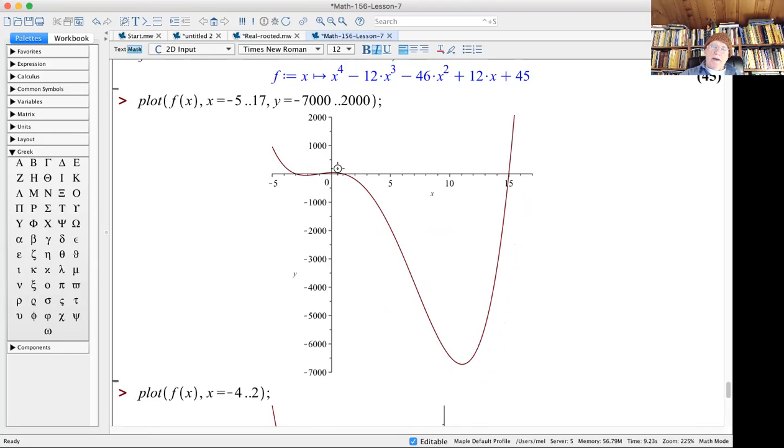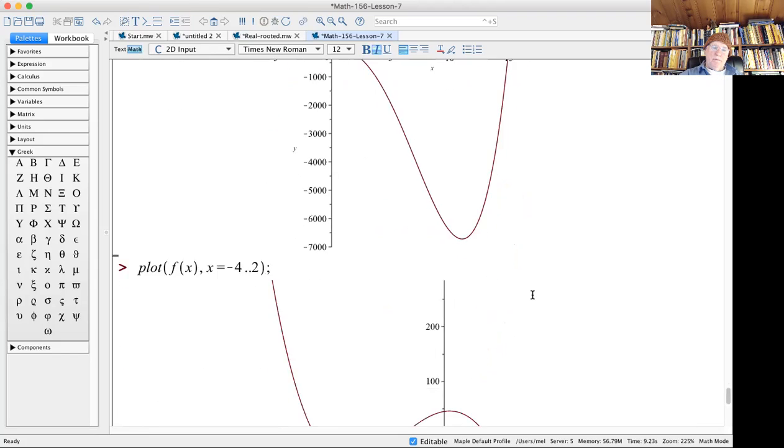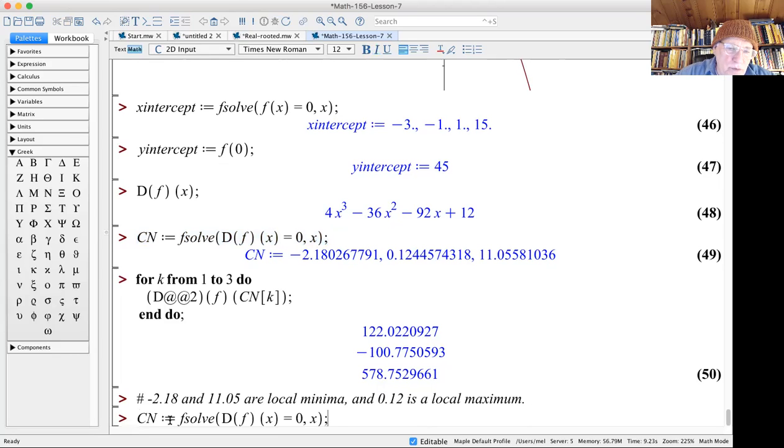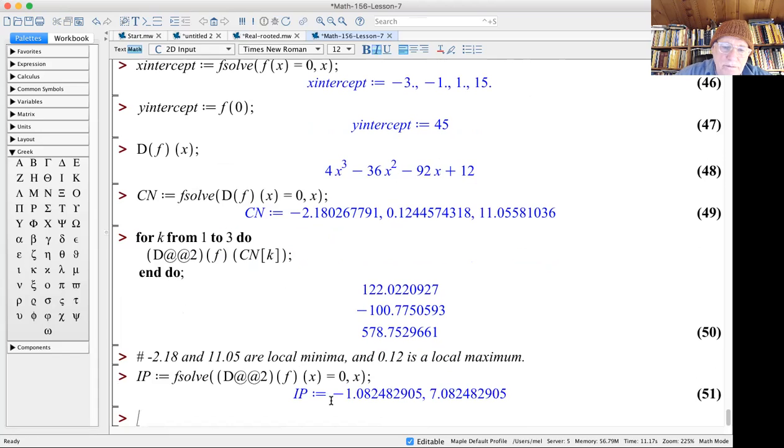Minimum, maximum, minimum. What about inflection points? For the inflection points, call them IP for inflection point, we want to solve when the second derivative is 0.